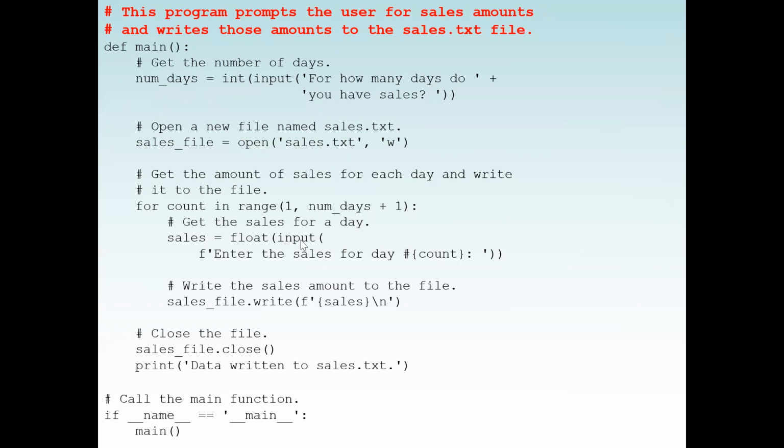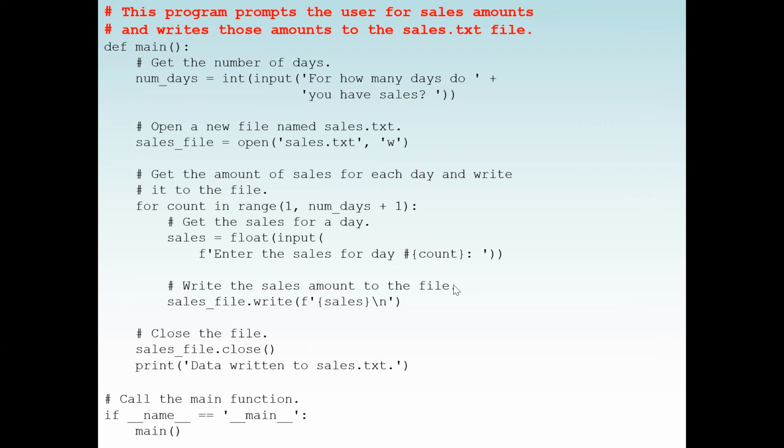Then we get the sales for 1 day. So we use the input, enter the sales for 1 day, from the keyboard. We convert the data. Again, when we use the input, the data will be a string, but we want the data to be a float. So we convert it, and we put it in sales. And remember, this is a loop. So if the number of days is 20, we are going to enter all the values. Then we write the sales amount to the file.